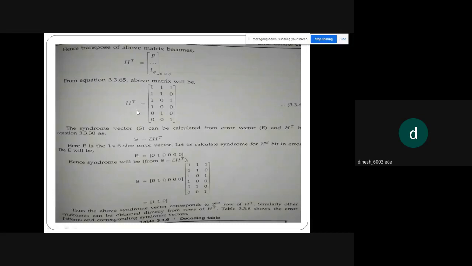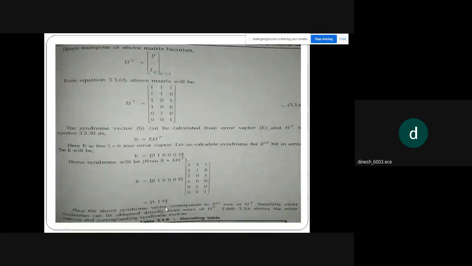So on doing that, we will get this H transpose. I just skipped over how to determine H and H transpose because I directly wrote H transpose, which is required for the syndrome. So H you will get from this P transpose and I_Q. Taking that, I do the H transpose of that, so I'll get this matrix.